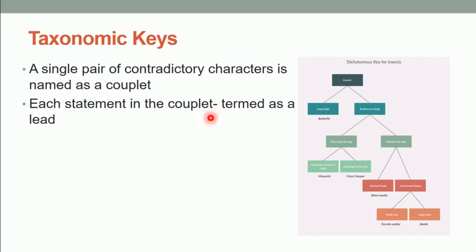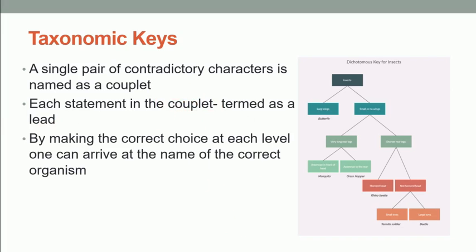That one statement is called a lead, and those two statements together are termed a couplet. We'll study this with an example later on. By making a correct choice at each level, one can arrive at the name of that organism. So you have to go sequentially until you identify that particular organism.